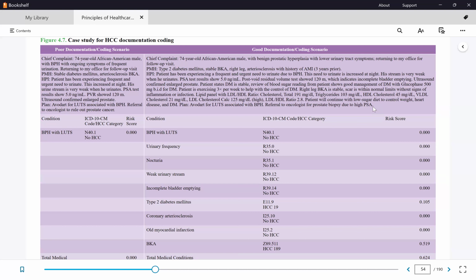PSA test shows 5.0, PVR shows 120, ultrasound confirmed enlarged prostate, and they have a plan for LUTS associated with BPH, referral to oncologist to rule out prostate cancer. So we have the documentation, and we should have things that are being coded, as we see over here.